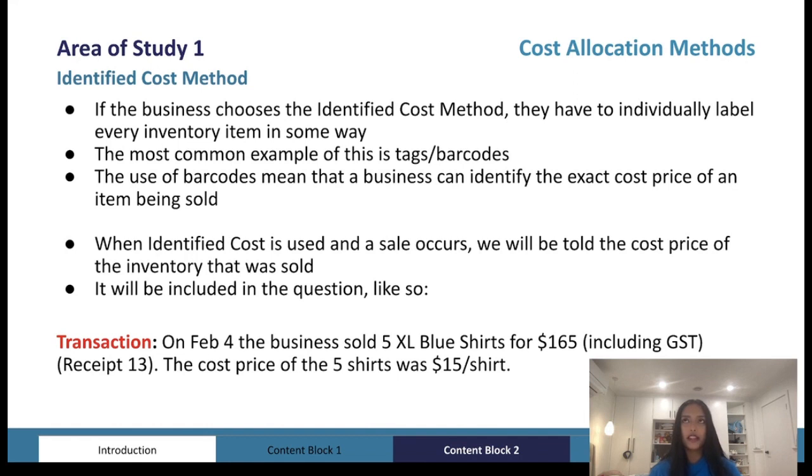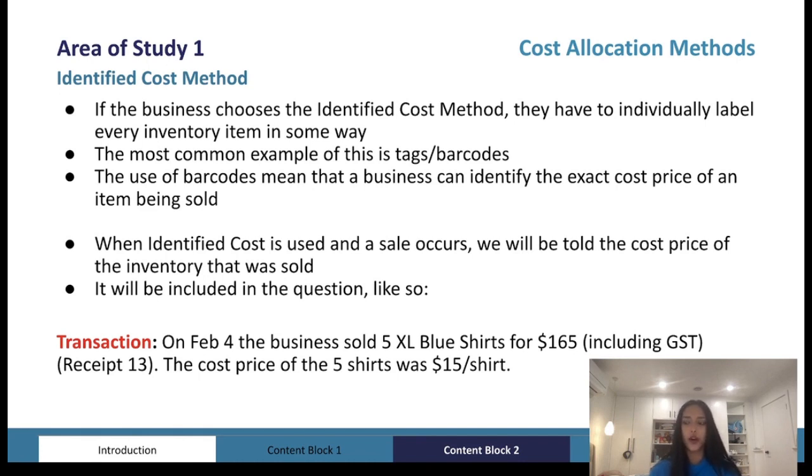So probably the most common example of this that you might have seen in stores is having tags on certain items, or even having stickers that have barcodes. So when inventory has barcodes, the business can identify the exact cost price of that specific physical product whenever an item is sold.